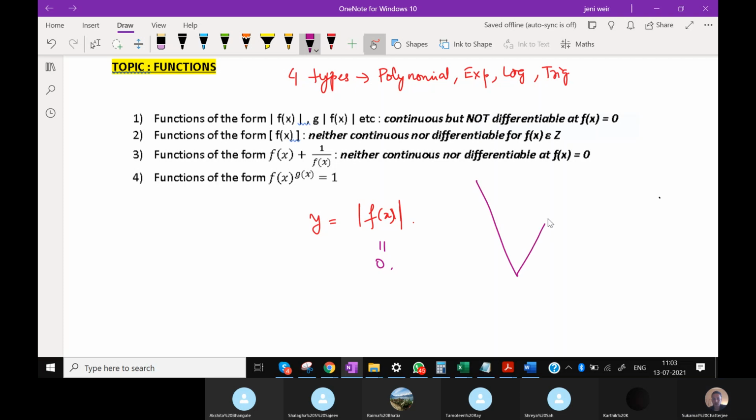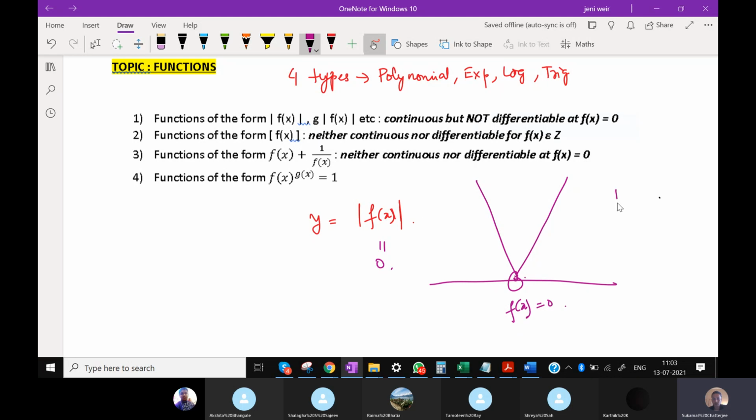So the graph will look like this, and this point would be where f of x is equal to 0. So therefore, any function of this form or of forms which are equivalent will have a point of non-differentiability where f of x is equal to 0.